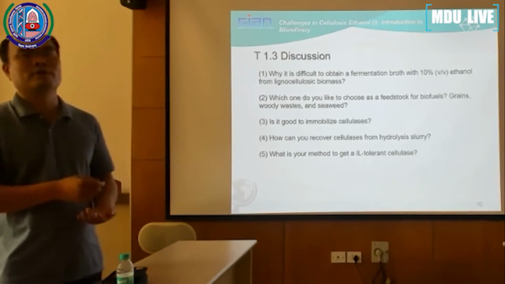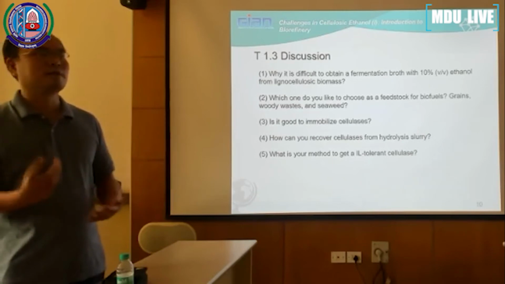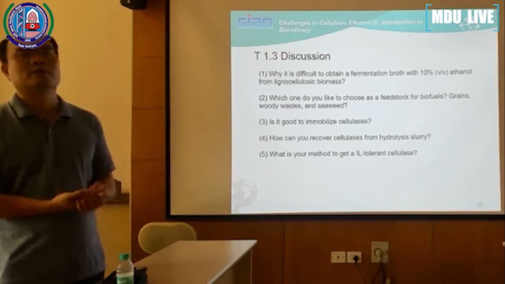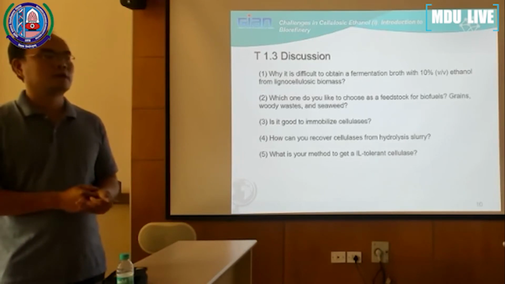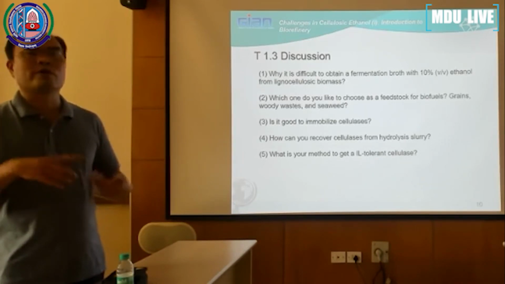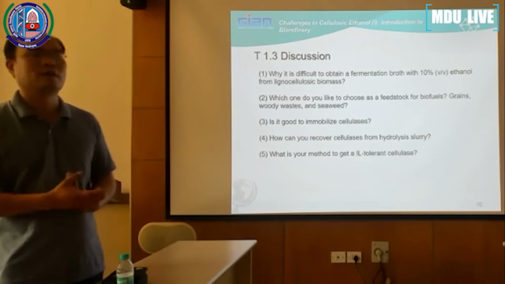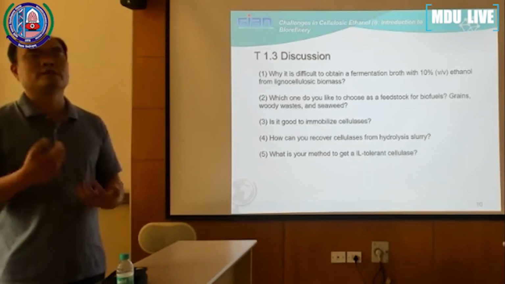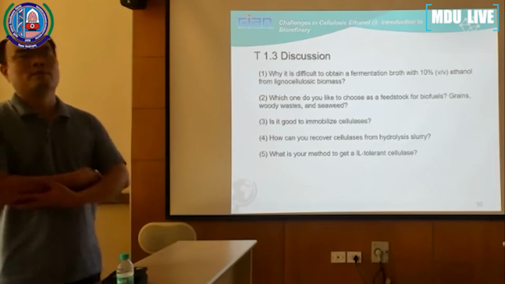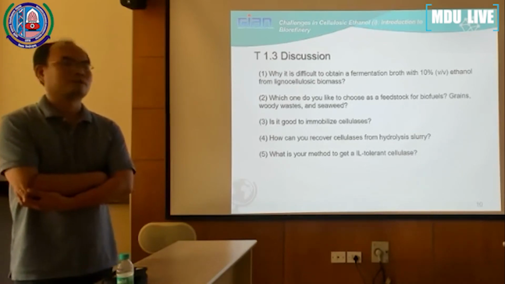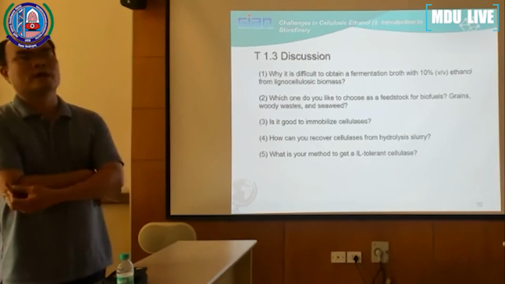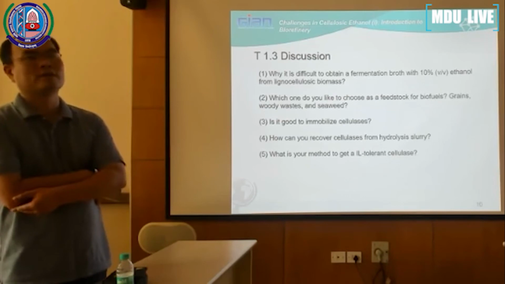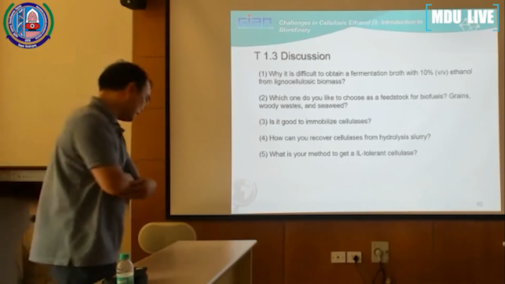CBH is very important for the complete hydrolysis of cellulose, because it works on the crystallized part of cellulose, while the others attack only the amorphous regions. So they're different, and Chinese fungal cellulase is not good.